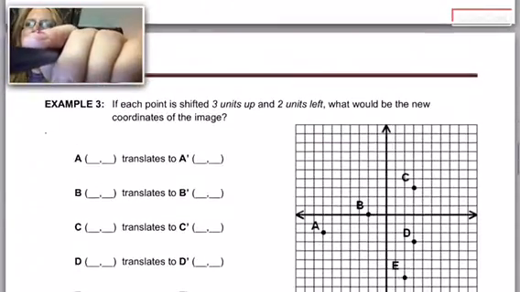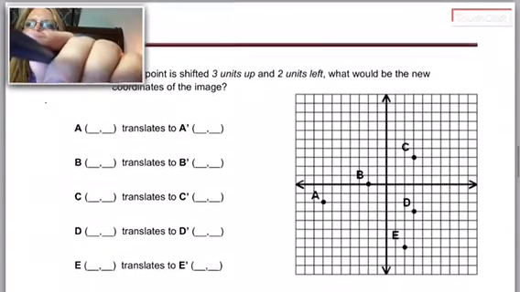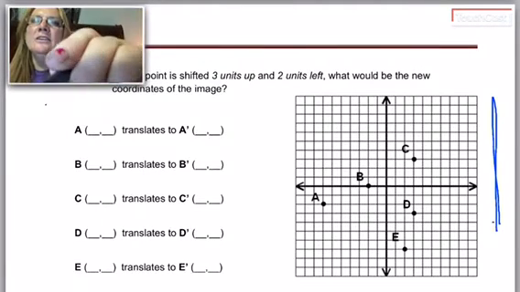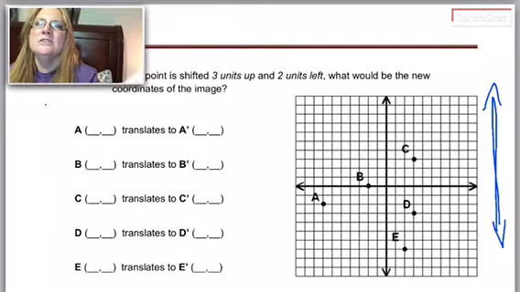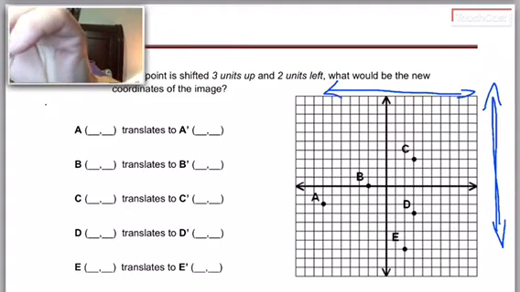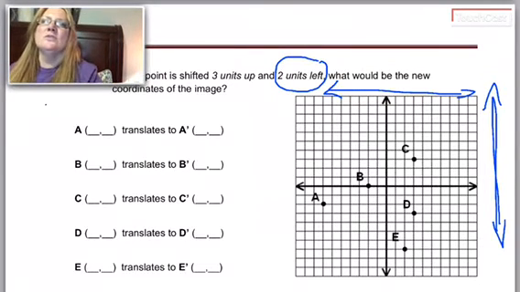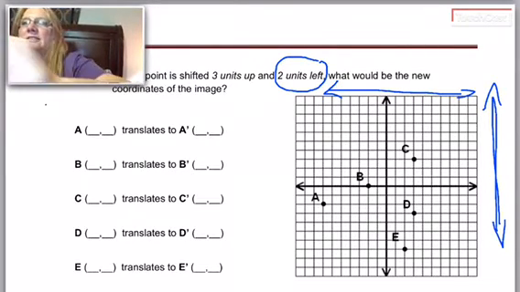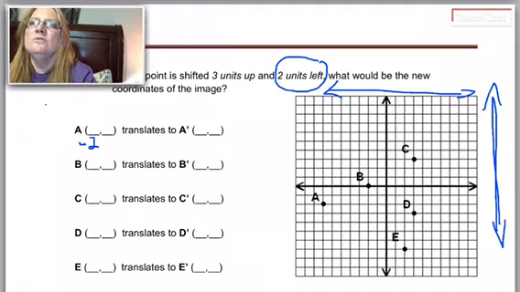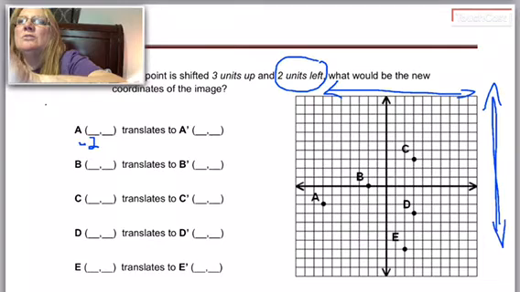We're going to shift points here. Each point is shifted 3 up and 2 to the left. Think about it: going up and down changes y, so that's the y-coordinate. Going left and right is x. So 2 units left means we subtract 2 from the x-coordinate, and 3 units up means we add 3 to y.